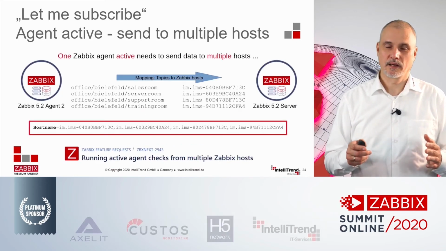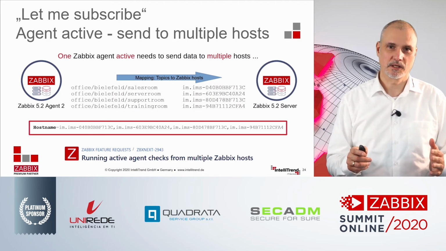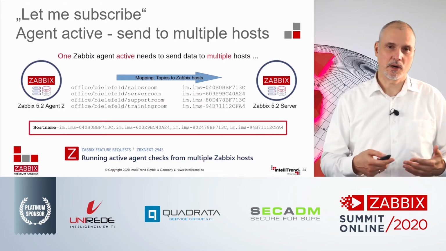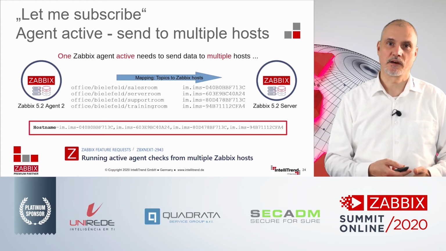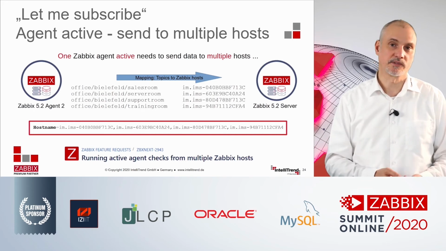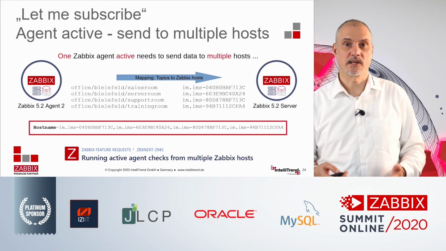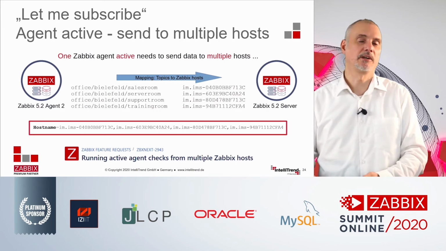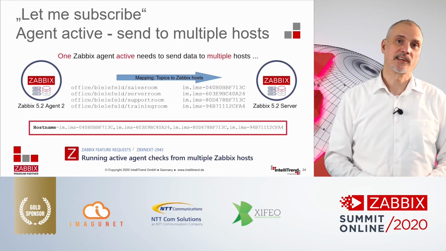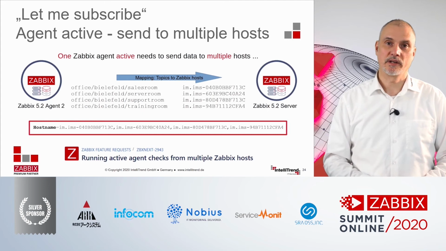One thing might be important to mention, and that is, let's say we have our 4 sensors. We have our sales room sensor, server room sensor, support room sensor, and the training room sensor. And let's say we would like to build 4 hosts in Zabbix: sales room, server room, support room, training room, for example, to collect the data there. In this case, the question is, how can we do the setup? How many agents would we need?